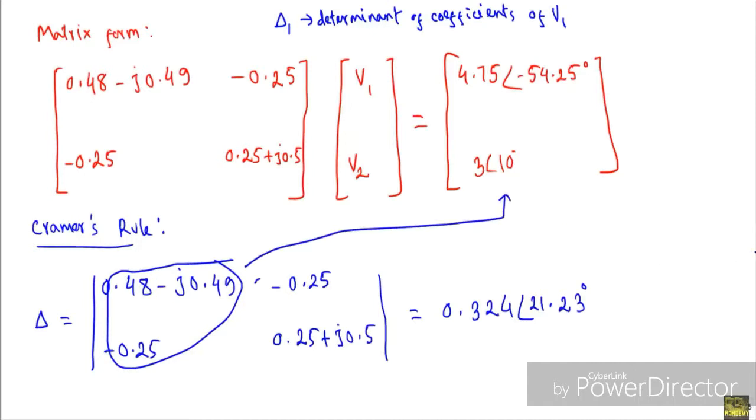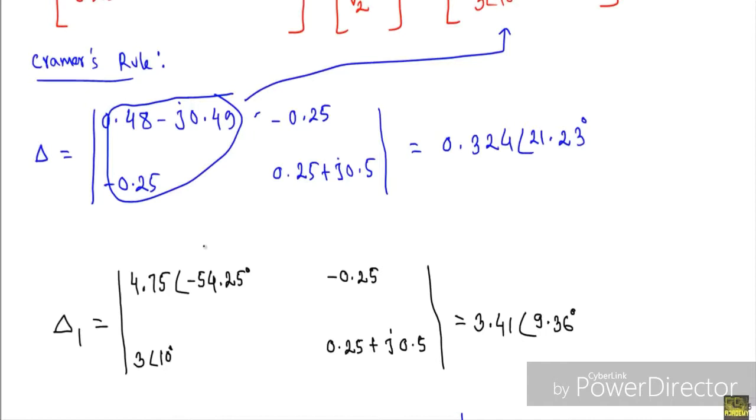Delta 1 will be equal to 4.75 phase angle minus 54.25, and here 3 phase angle 10 degree, and in this column minus 0.25 and 0.25 plus j0.5. If I cross multiply this with this minus this with this, I will get 3.41 phase angle 9.36 degree.